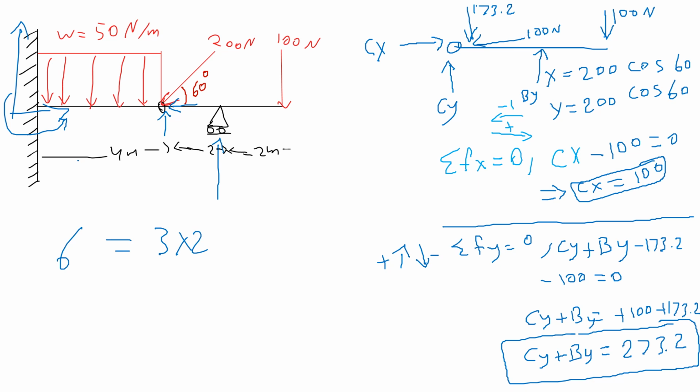So we're going to remove this, and we're going to go to the moment. Here, let me give this names. Here I have this part A, this part C, and this part B. Okay, I'm going to solve the moments in any part I want.